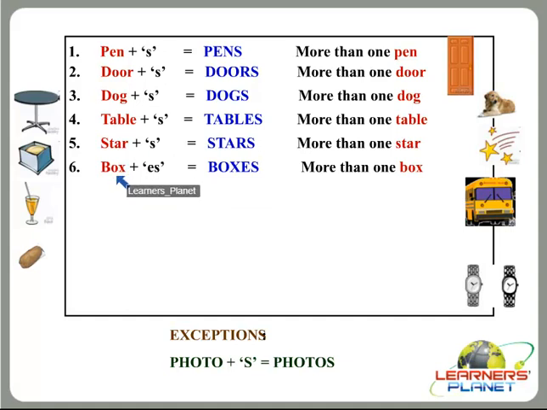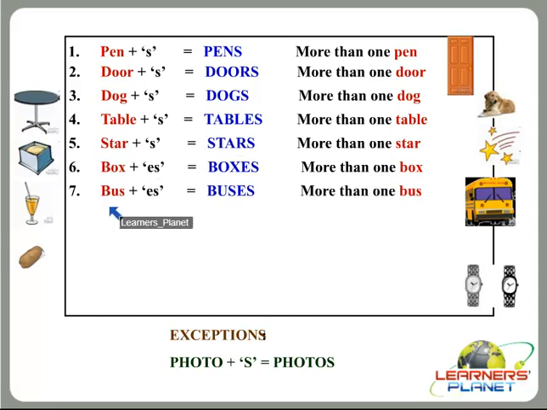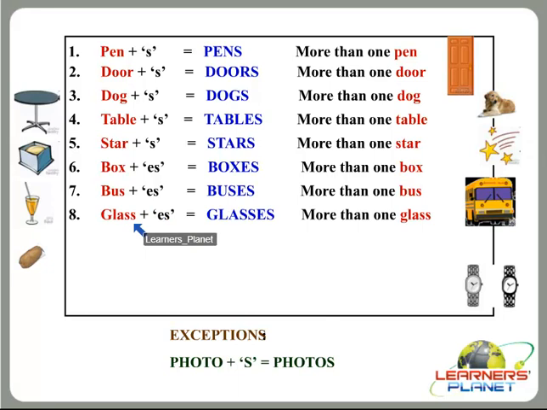Now, box, because it ends in x, we will add es. Boxes shows more than 1 box. Here is a box. Bus. Add es becomes buses. Shows more than 1 bus. Why are we adding es? Because it ends in s. If you look at your rules, double s also, whenever the naming word ends in double s, you have to add es.